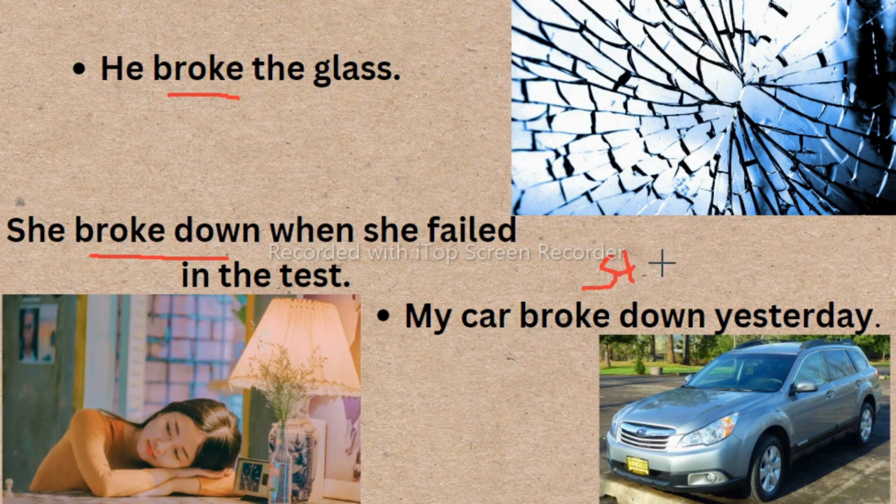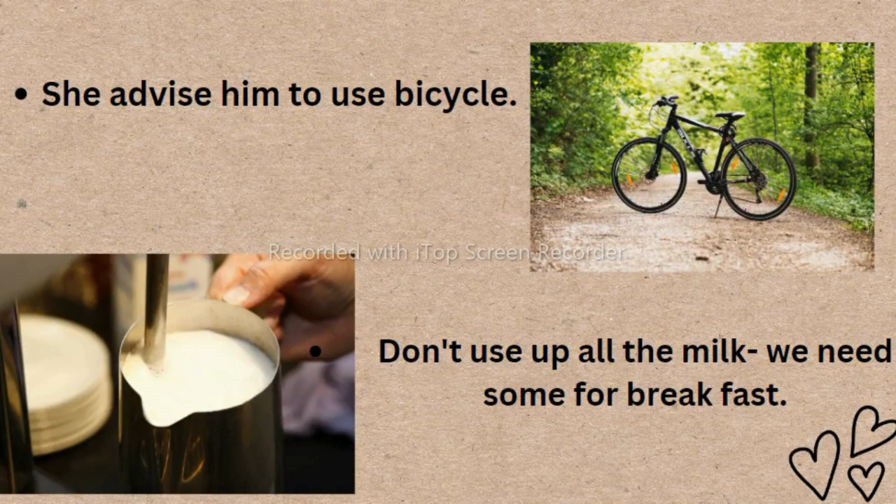So here, students, the meaning of the phrasal verb depends on the context. We need to learn based on the sentence, because the sentence shows the function of the phrasal verbs. Now let us see these two words, use and use up. The meaning of use is that you utilize something, you do an activity with it.